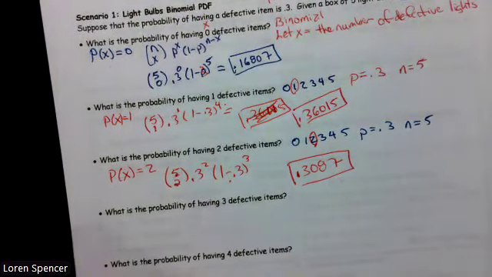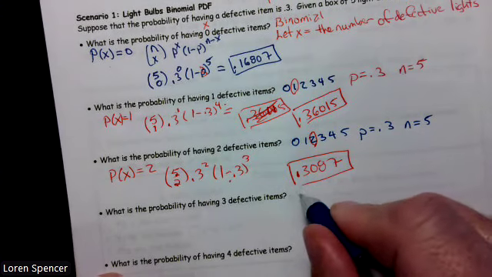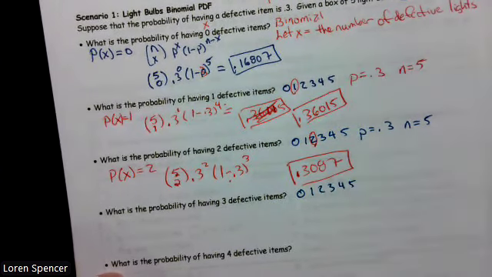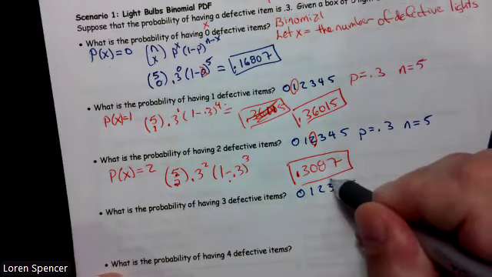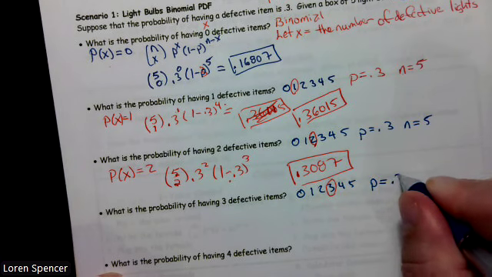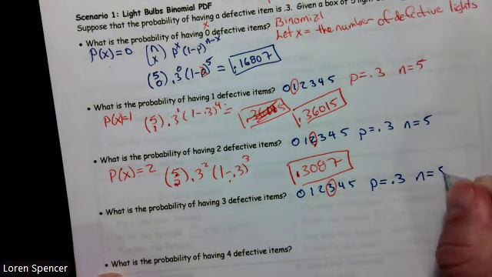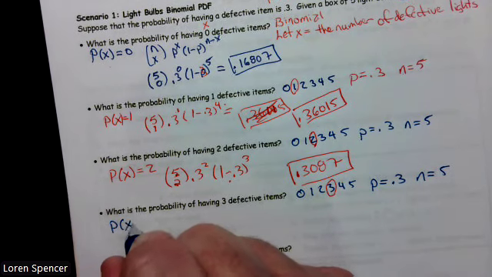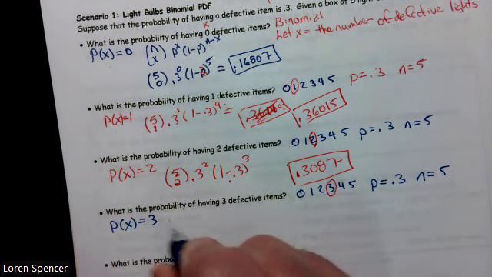So the next one, what's the probability of having 3 defective items? Well, our number line is 0, 1, 2, 3, 4, 5. We want 3 defective, so we're going to circle that. The probability equals 0.3, n equals 5. Our probability statement is the probability that x equals 3.